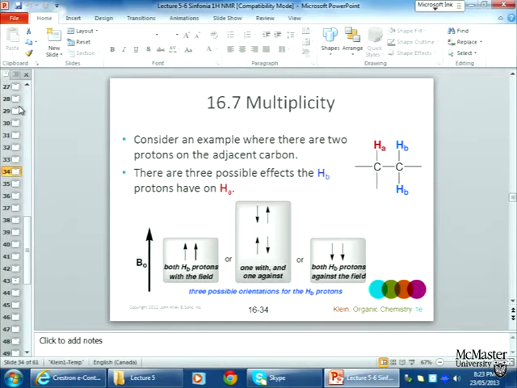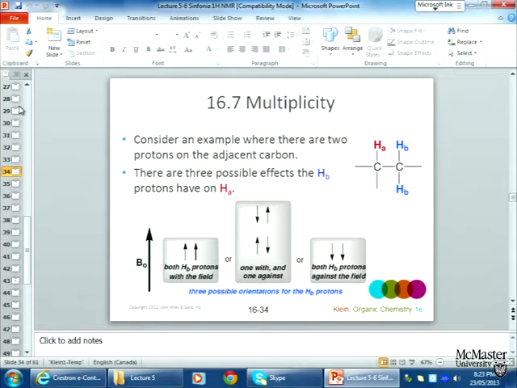The center line is twice as big as the outside lines, because there's only a 1 in 4 chance of a molecule having both up, a 1 in 4 of having both down, but up, down, and down, up are identical to one another. They add up in the middle to make a 1 to 2 to 1 set of lines. So we see these absolutely classical patterns.